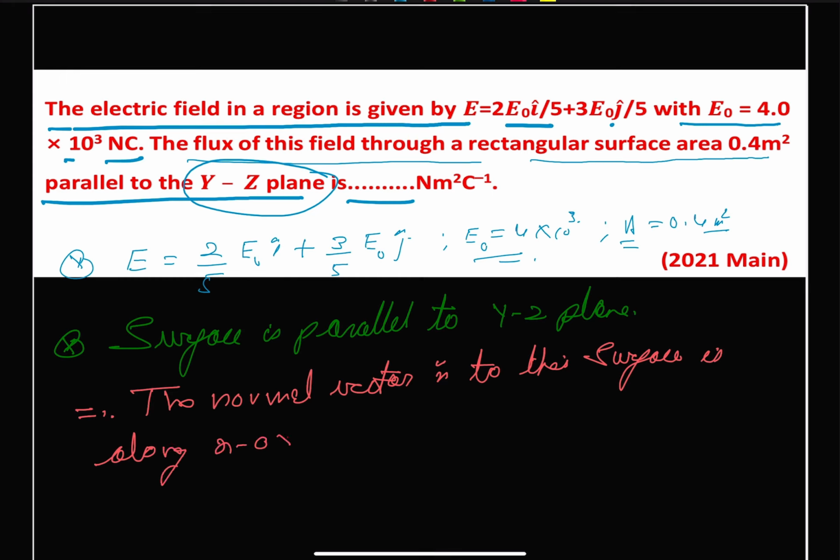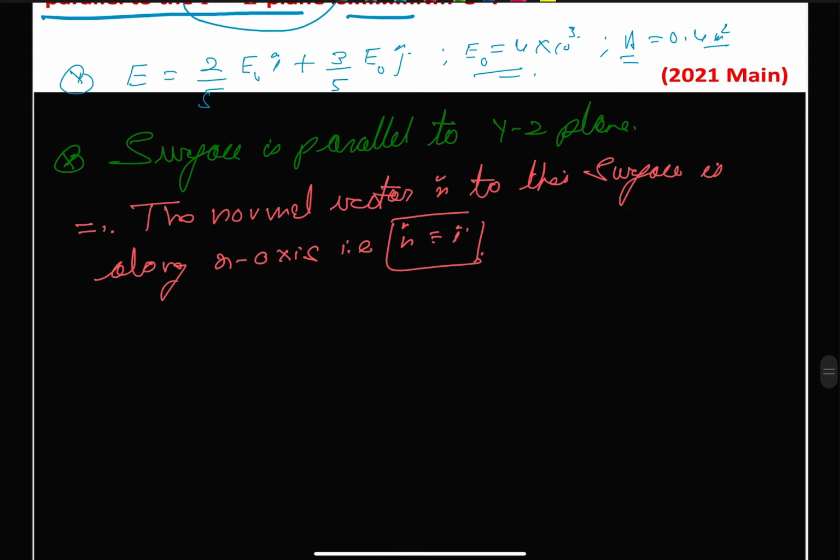Or which we can say that our n unit vector is nothing but our I unit vector. Therefore, we can say that electric field... or we need to find out the flux.